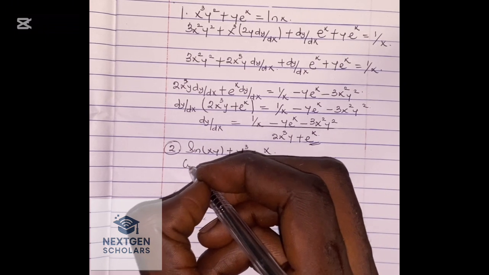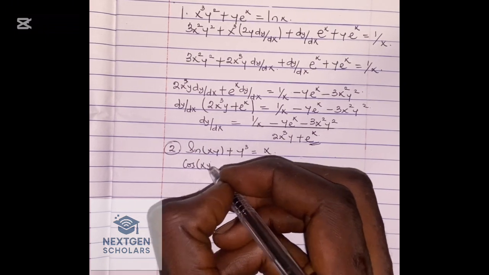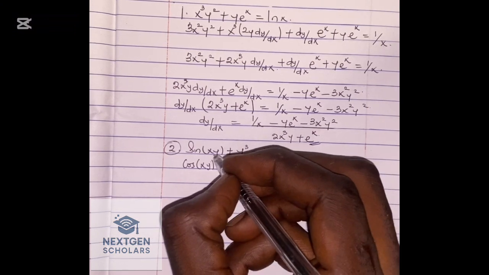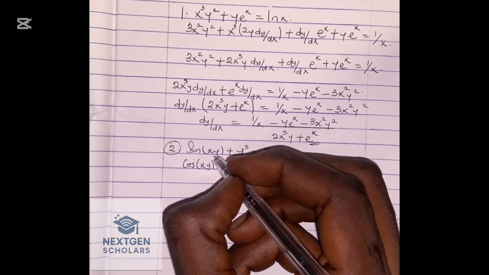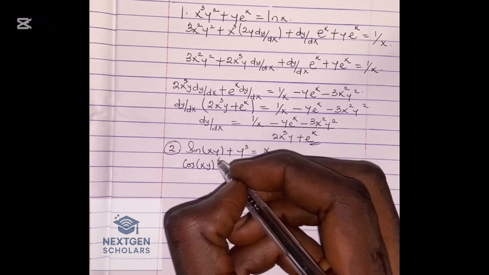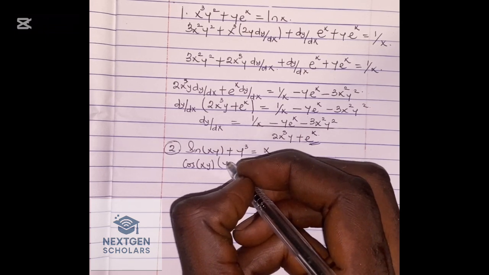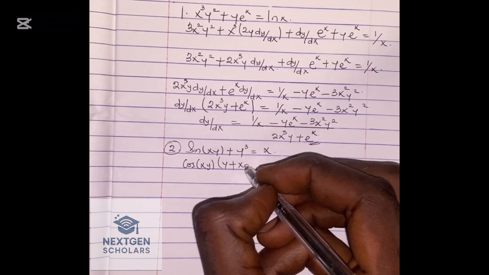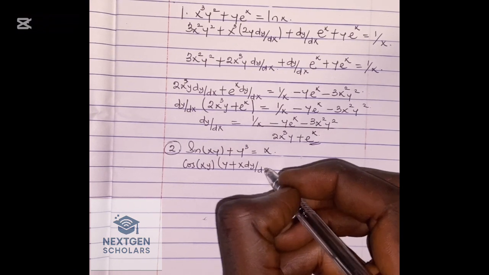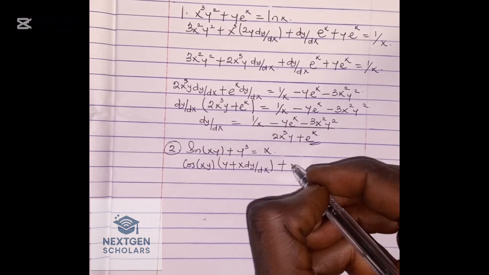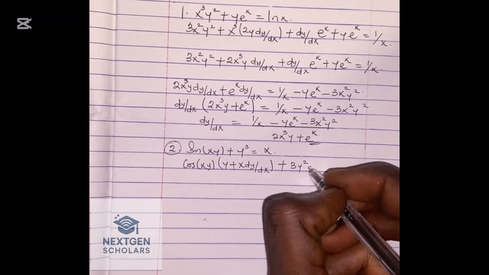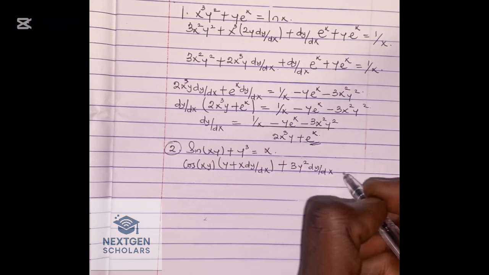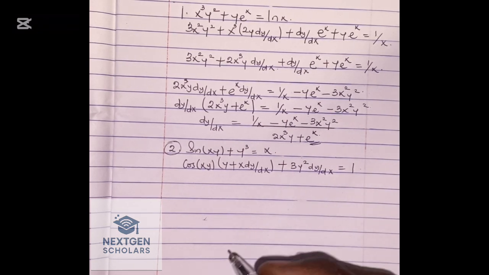Here we get cosine of xy. Now for what is inside, we use the product rule: we differentiate the first one, x, and keep the second, plus we keep the first and differentiate the second, dy dx, plus 3y squared dy dx is equal to 1.